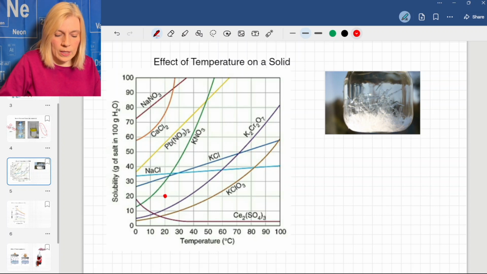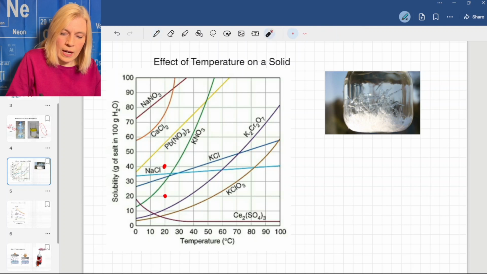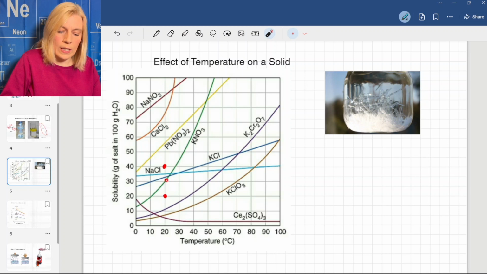Well, my solution is under the green line, and I'm going to call it unsaturated. I can put a little bit more. So what happens if I put 40 grams? What happens then? I'm moving up, and as I'm moving up, I'm crossing this green line. And the green line tells me when the solution becomes full, when the solution becomes saturated.